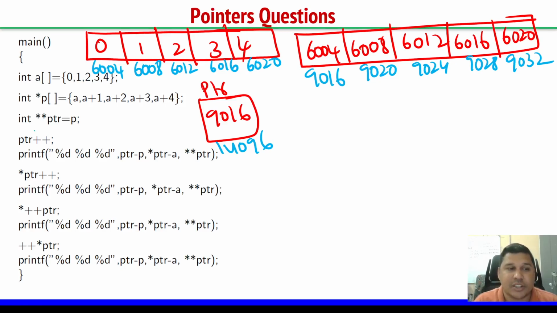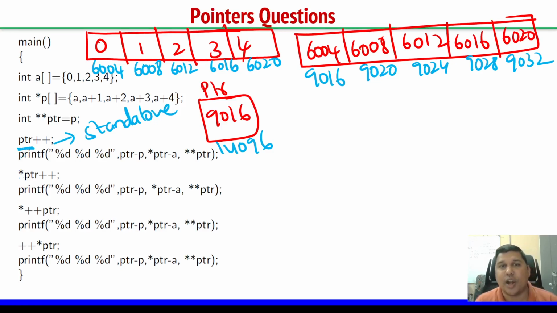Okay. Let us see the first one. The first step here is PTR plus plus. Only the statement PTR plus plus is written here. These kinds of statements are called standalone statements. It means this variable is not dependent on any other variable.